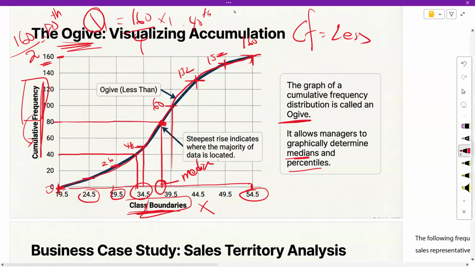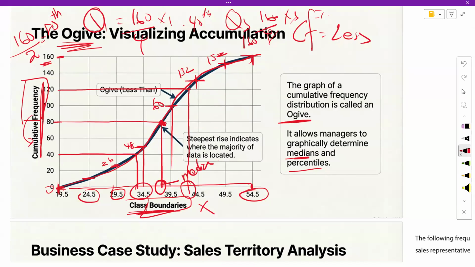And that's Q3: 160 divided by 4 into 3 is 120. So what is the 120th item? Getting down, this point will be Q3.